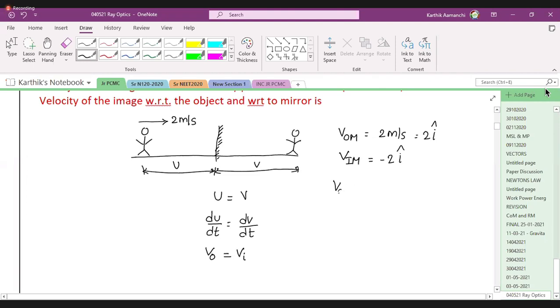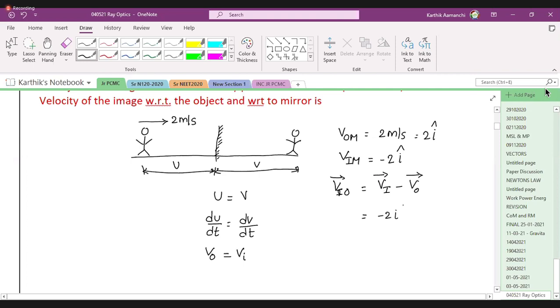Velocity of image with respect to object is velocity of image minus velocity of object. So velocity of image is how much?